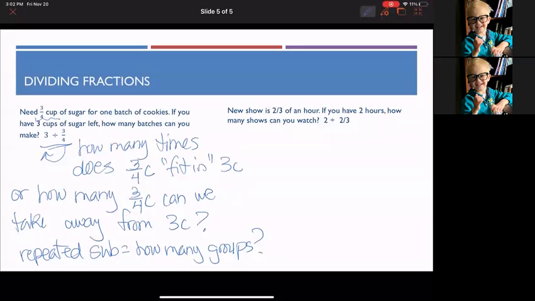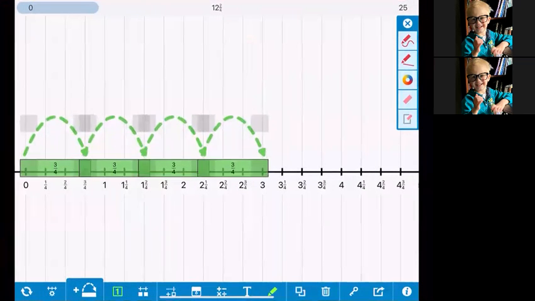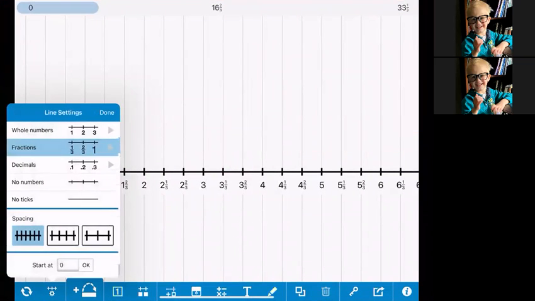And so let's clear this and do the same thing with, actually, we want the next example, sorry. The next example is the same exact idea. Each show is 2/3 of an hour. So the question is, how many shows is the same as how many groups? So we can show that again in the number line, and actually we now want thirds, okay.